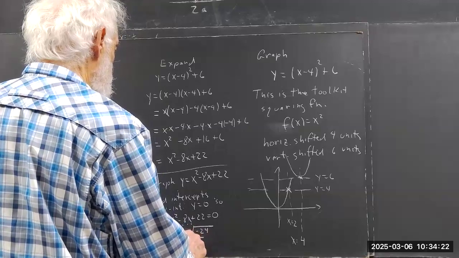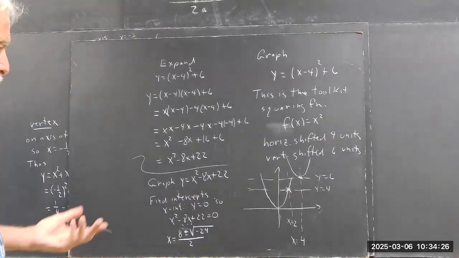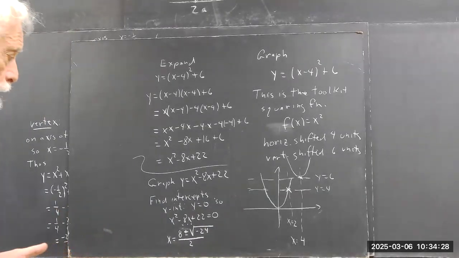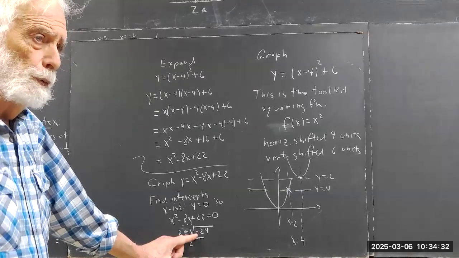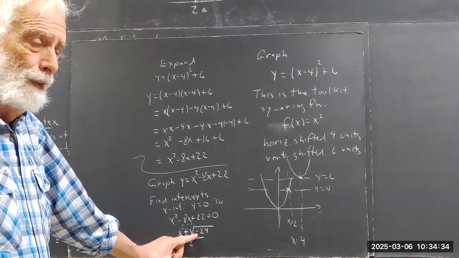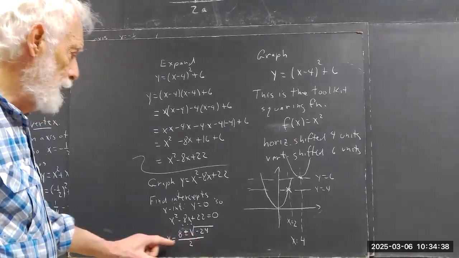Now, if you do the quadratic formula correctly and carefully, which I know you can do, you're going to get this. We got a square root of negative 24. It's not a real number. That's an imaginary number. What does that mean?